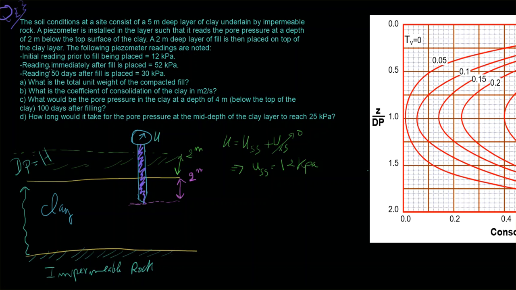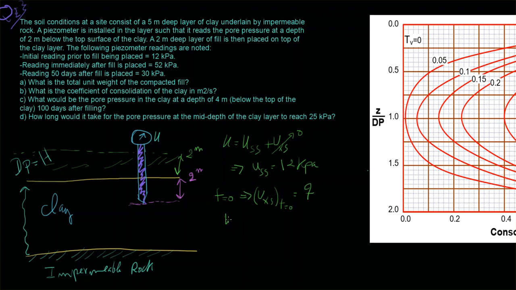Then our second reading is immediately after fill is placed to be 52 kPa. So immediately after fill is placed, that would be t equal to 0. At that certain point in time, my excess pore water pressure, t equal to 0, will be equal to my surcharge. Okay?